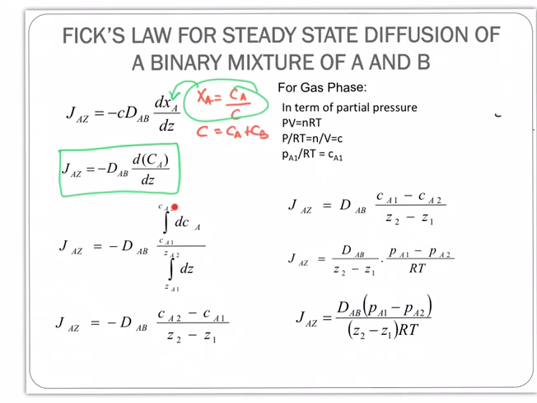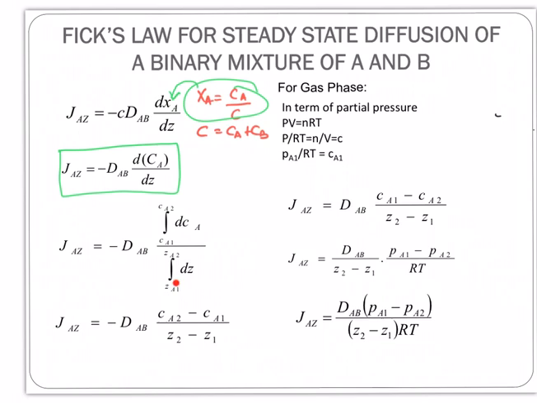But from the definition that we have learned regarding mass transfer, the diffusion or mass transfer motion is from higher concentration to lower concentration. So you can see that your CA1 has a bigger value compared to CA2.